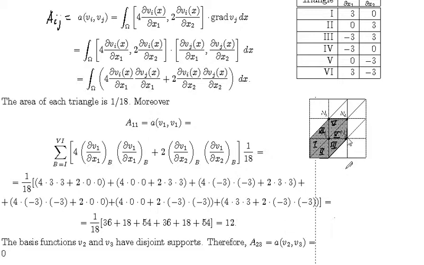The basis vector v2 has its node point here, and the basis vector associated with the node 3 has its node point here, and the supports are disjoint. So we can conclude that this value must be 0.